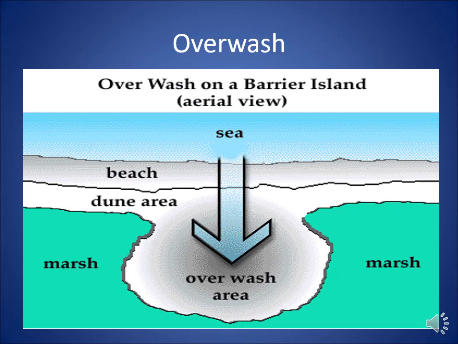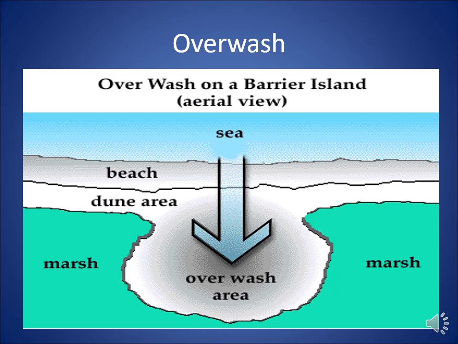And what happens is during these storms, the storm surge will either overtop the sand dunes, which means that the storm surge is vertically taller than the sand dunes are, or because of the force of the storm surge and the storm waves hitting the coastline, it will actually breach the dunes or erode a pathway through the dunes, allowing floodwater to flow into the interior of the island, carrying a lot of sand with it.